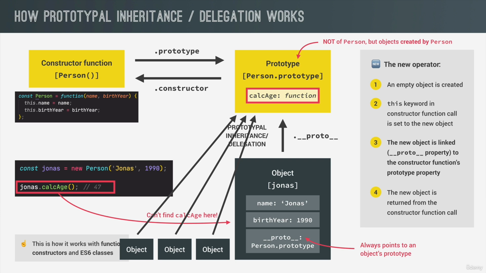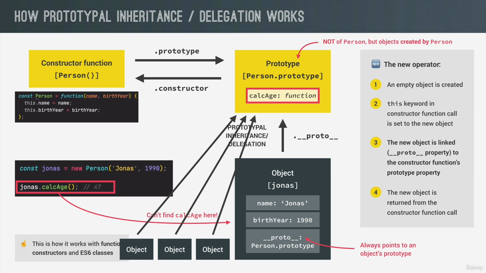Just imagine that we had 1,000 objects in the code, and if all of them would have to carry the calcH function around, then that would certainly impact performance. So instead, they can all simply use the calcH function from their common prototype. Okay? So that makes sense, right?